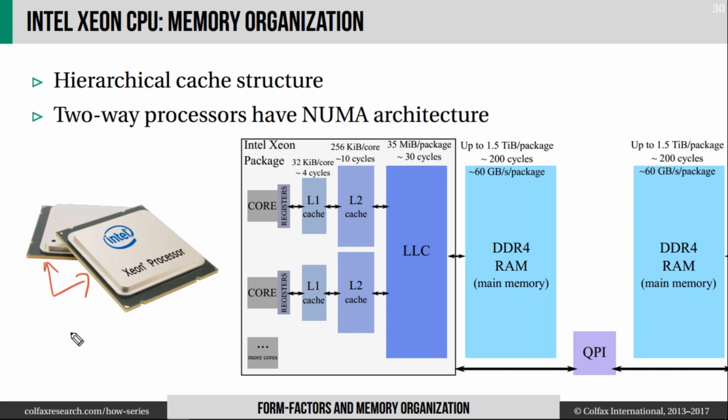First, a two-way Xeon. I say two-way, this is the official term. Sometimes you will also see the term dual socket. Dual socket is just the jargon term for a two-way processor. You see multiple cores, and cores can operate on data that lives in the register file.